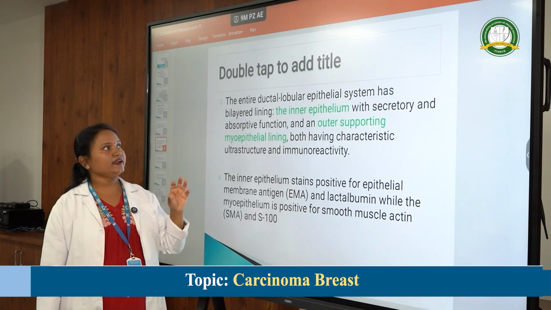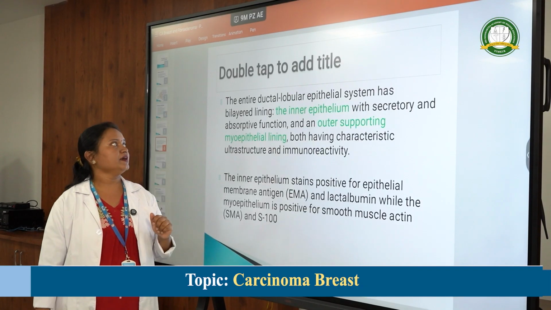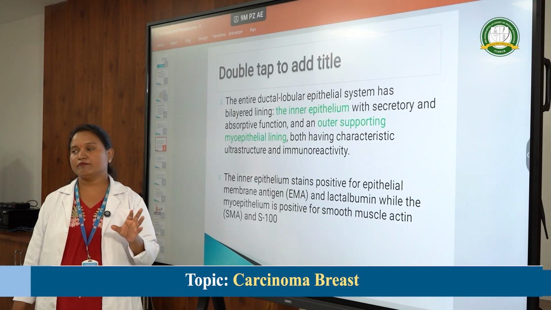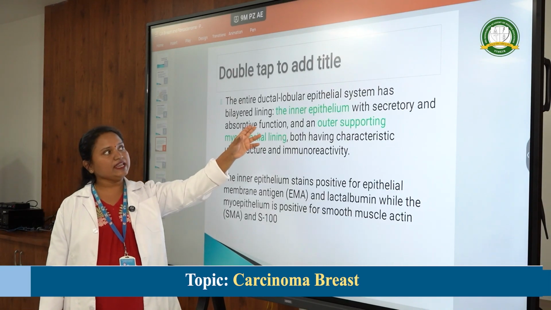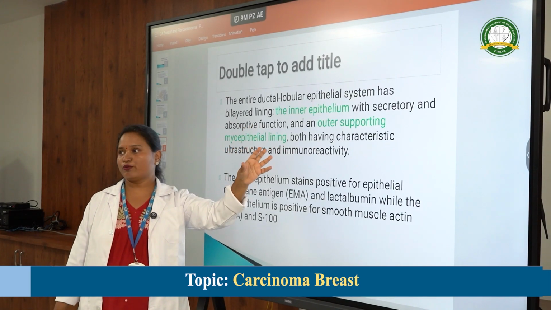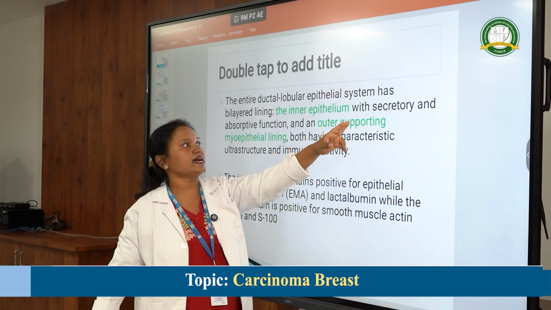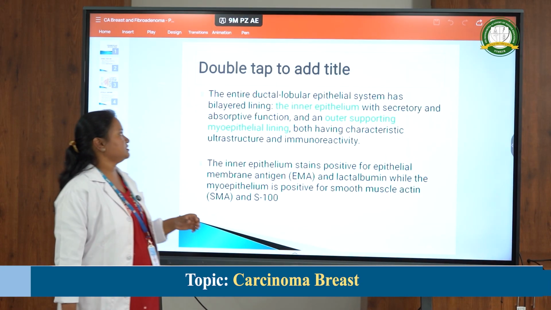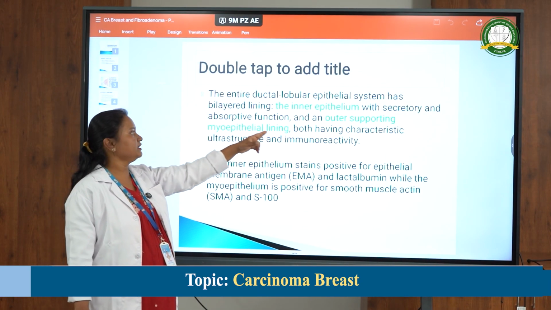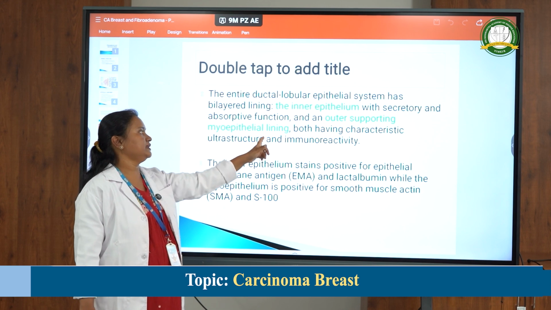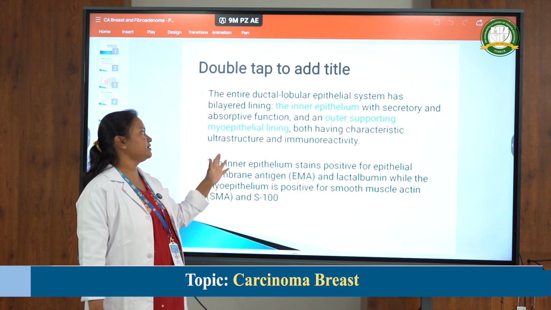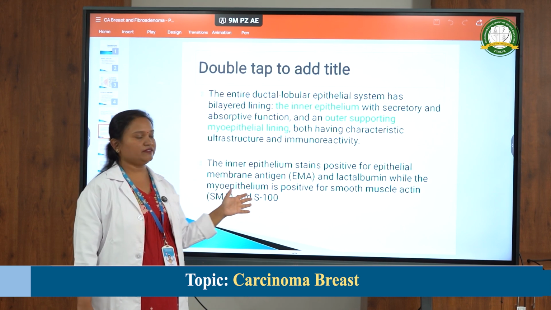The entire duct lobular epithelial system has a bilayered epithelium. I have shown it in the picture already. The inner epithelial layer is cuboidal to columnar, and it has a secretory and absorptive function, and the outer is the myoepithelial lining. It has a characteristic ultrastructure and immunoreactivity.